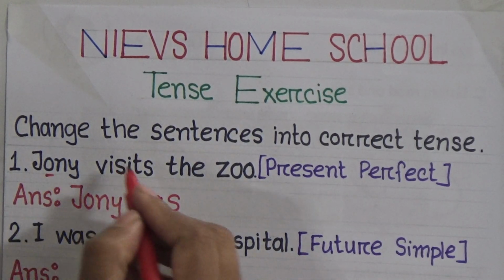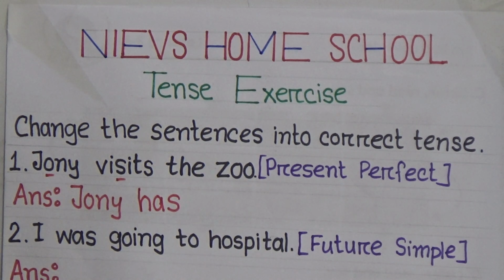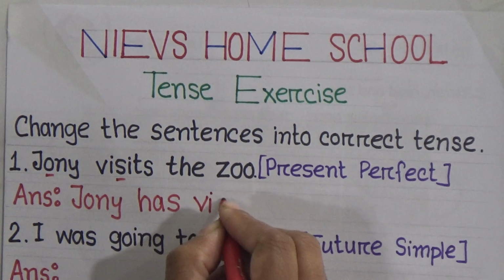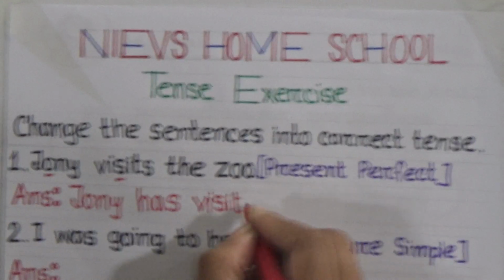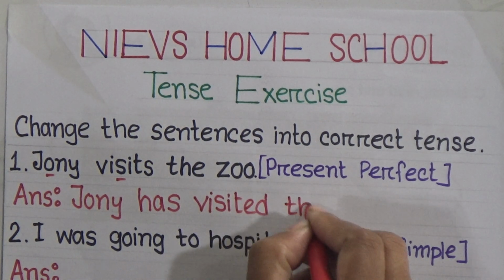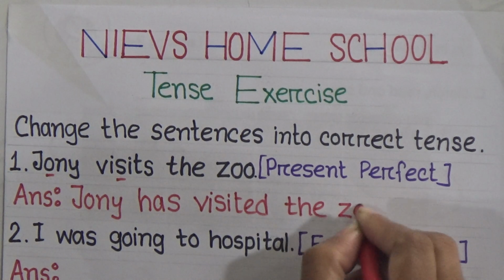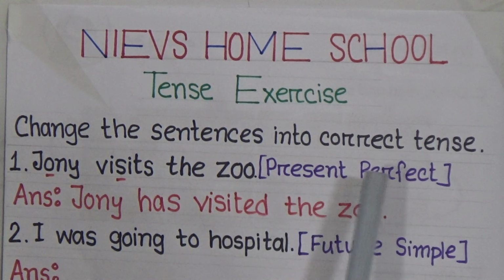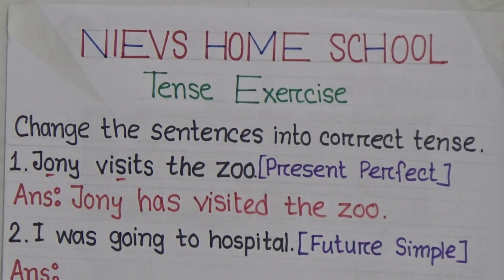Here the verb is visit and the past participle form of this verb is visited, V-I-S-I-T-E-D. Visited. Then object, the zoo. So the sentence will be Johnny has visited the zoo. This is present perfect tense.